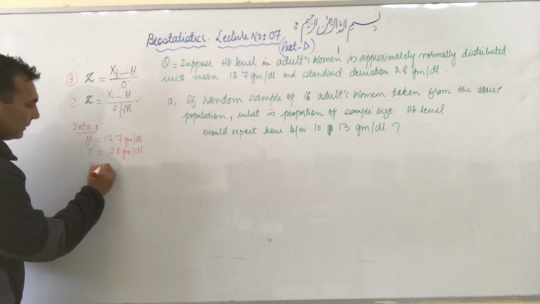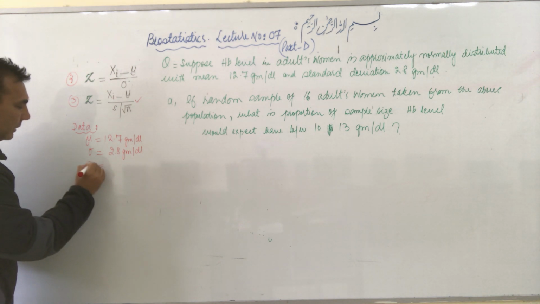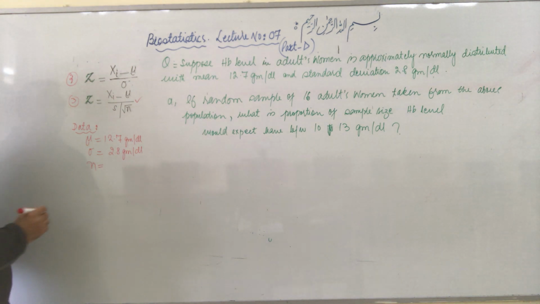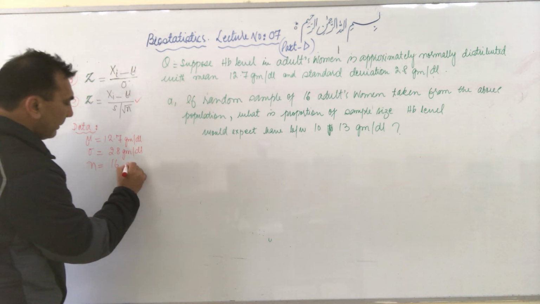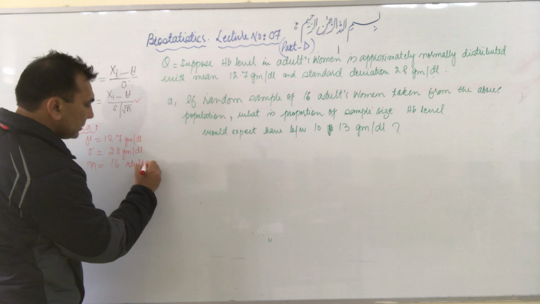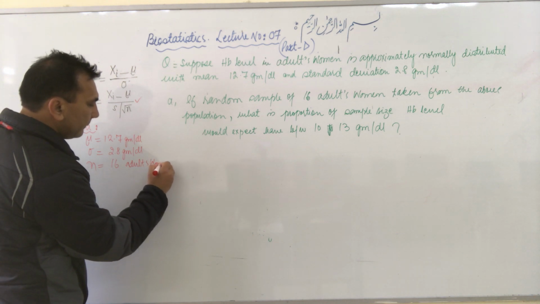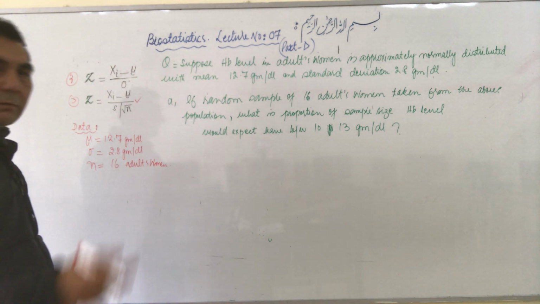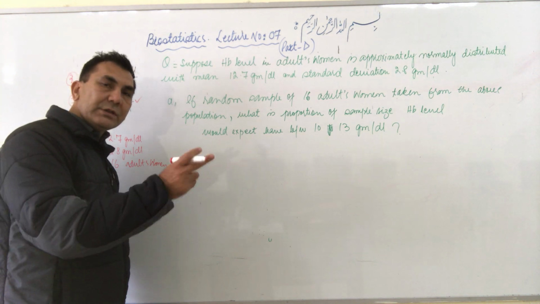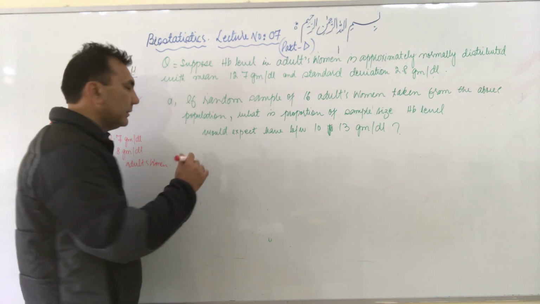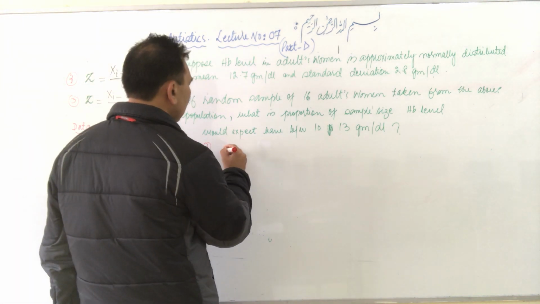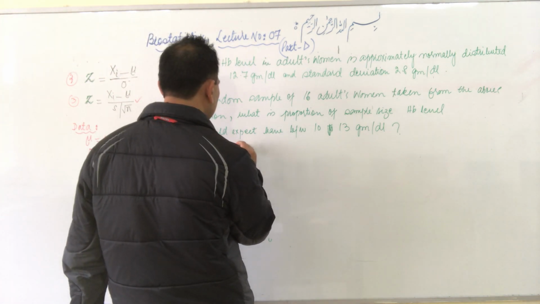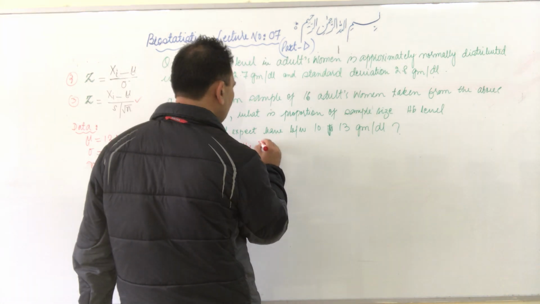But here we will write down the n. N is the sample size. What is the sample size? It is 16 adult women. Now we will go again using the procedure of the 3 steps. Step number 1: draw the diagram.